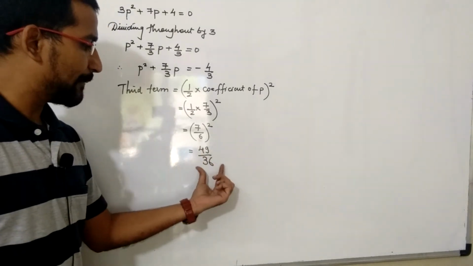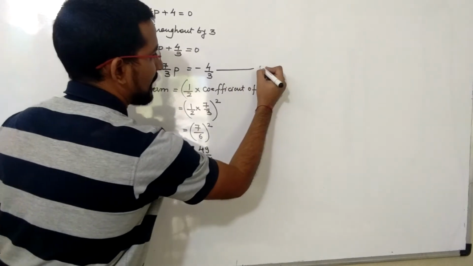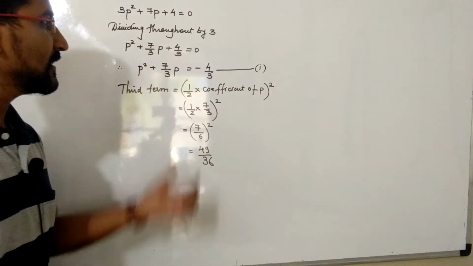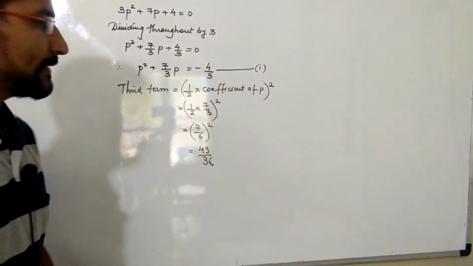Now we'll add 49 by 36 on both sides of the equation because we have to maintain the equality sign.